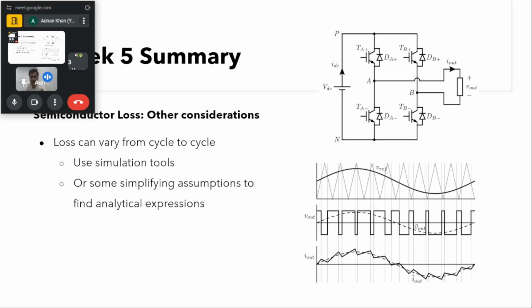Another way is to simplify this. We can assume that the ripple in the current is very minimal, and that the current is sinusoidal.